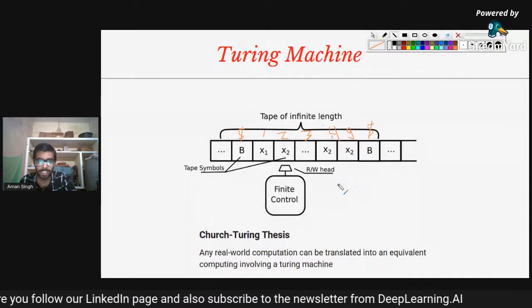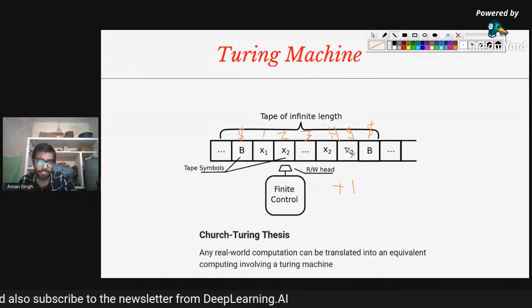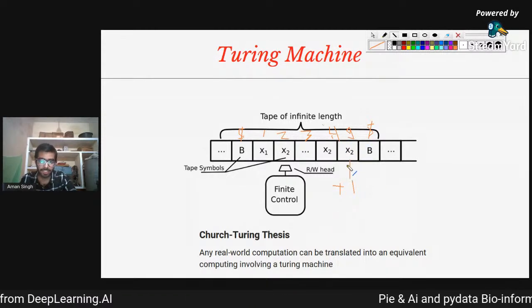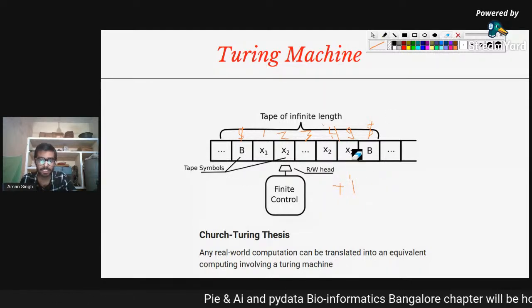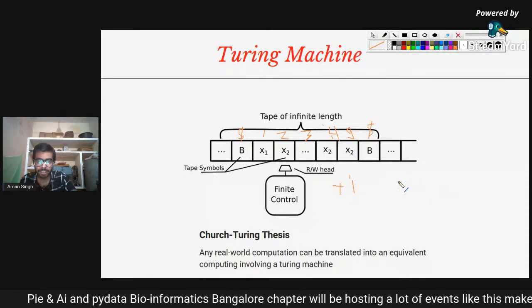If this is there, and we have to add one to this number, what we need is to get the previous state of this, and we add one to it.